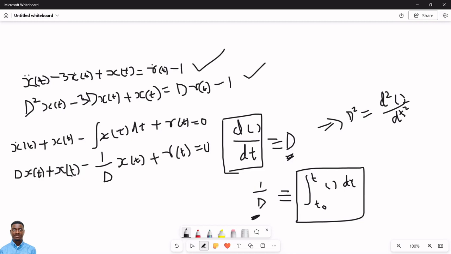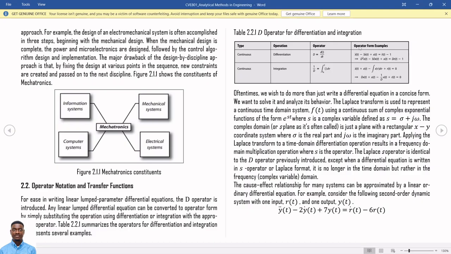So what we have done here is to rewrite this equation using the operator notation form, which is what we have in this table.